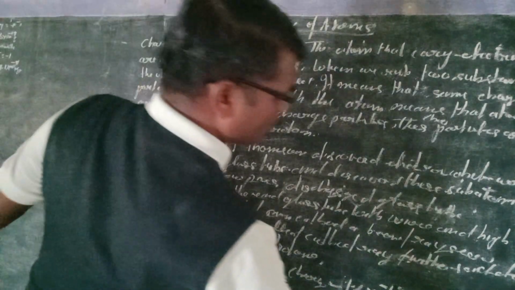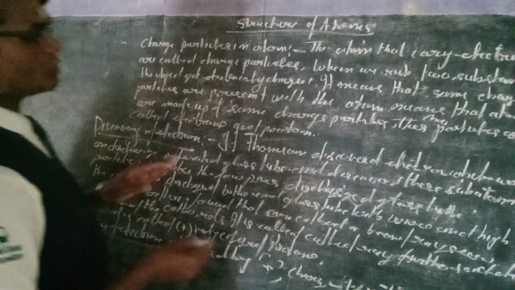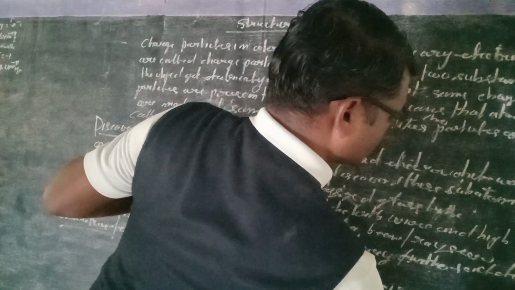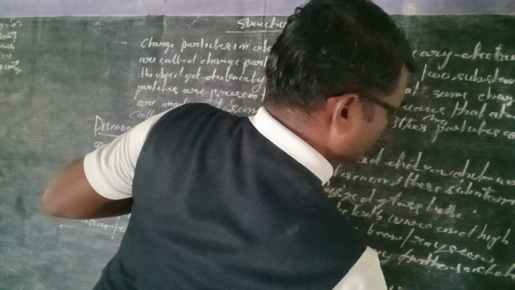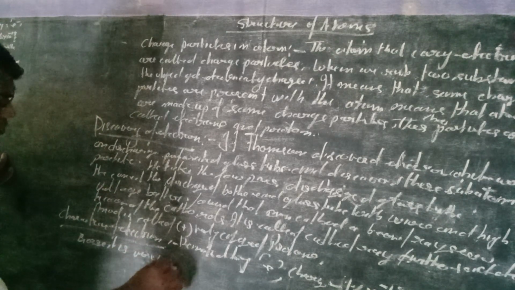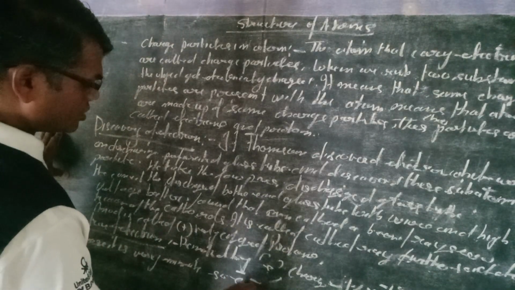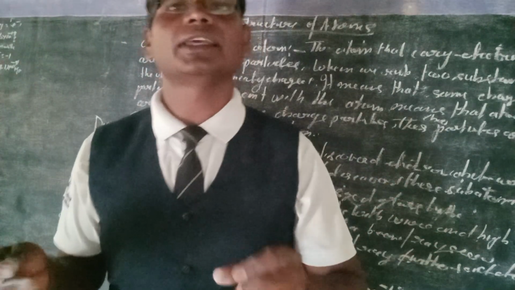And the mass is 9.1 times 10 to the power minus 31 kg, because it is very minute. So the charge of an electron is equal to -1. These are the characteristics and structure of the electrons.